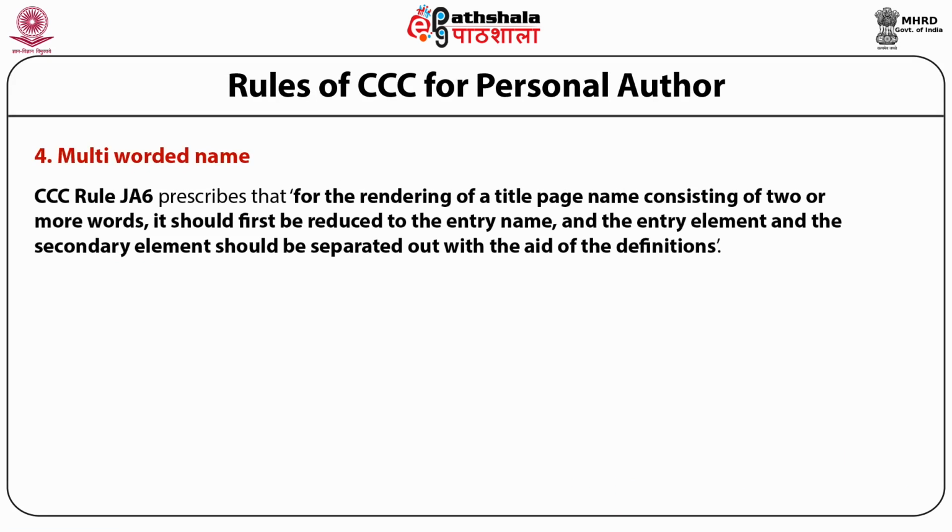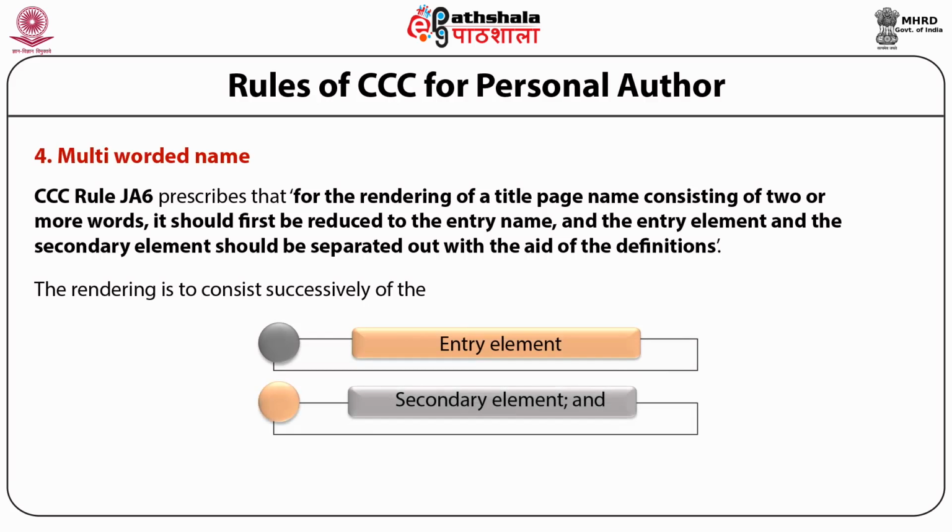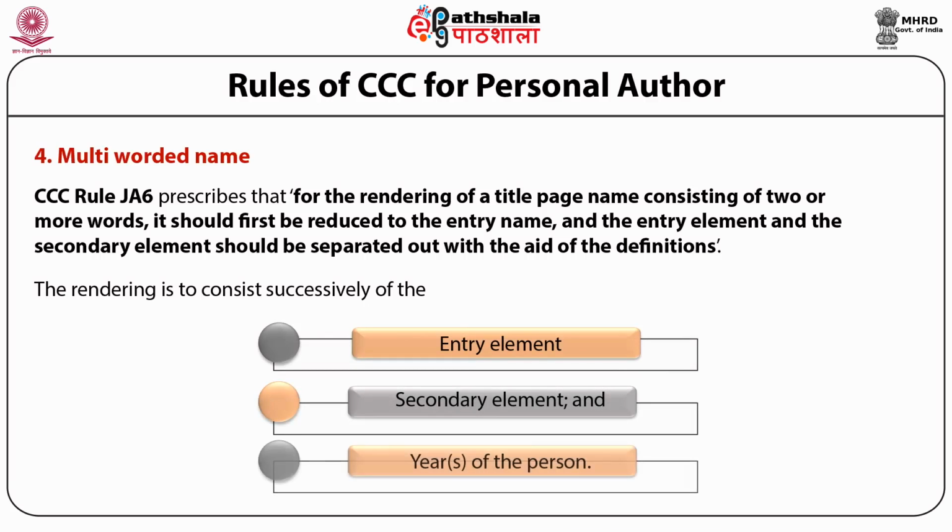CCC rule JA6 prescribes that for the rendering of a title page name consisting of two or more words, it should first be reduced to the entry name and the entry element, and the secondary element should be separated out with the aid of the definitions. The rendering is to consist successively of entry element, secondary element, and years of the person.